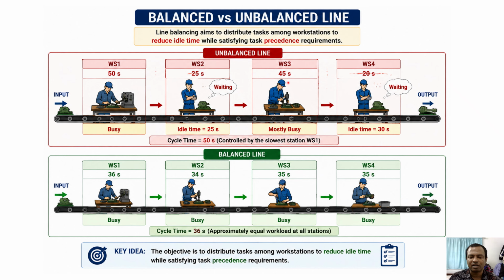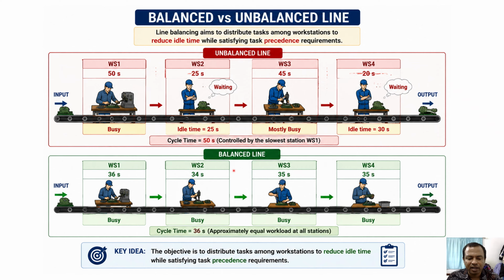So the operator there is working most of the time, so mostly busy. When he is working, we can see the next workstation, which has the least cycle time, 20 seconds, is waiting for workstation 3 to finish its work. Okay, so 2 are busy and 2 are waiting. So this is an unbalanced assembly line.